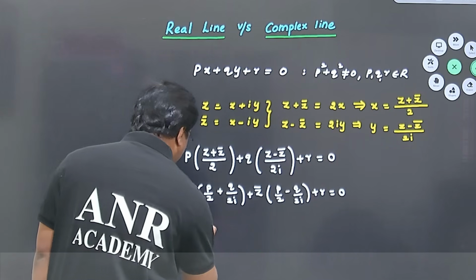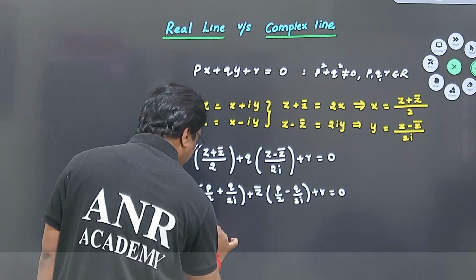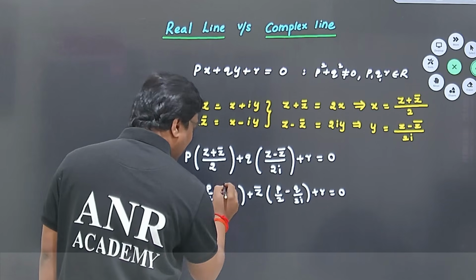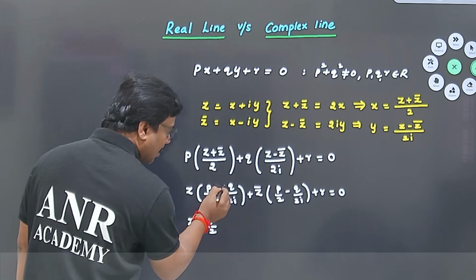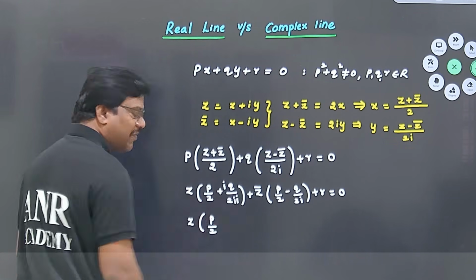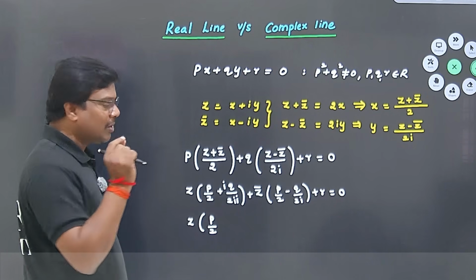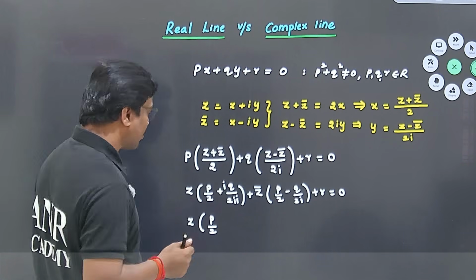In the next step, observe z multiplied by p by 2 plus q by 2 iota. Here multiply with iota and divide with iota. Iota in the numerator, iota in the denominator, the denominator part 2 times iota whole square, that is minus 2.